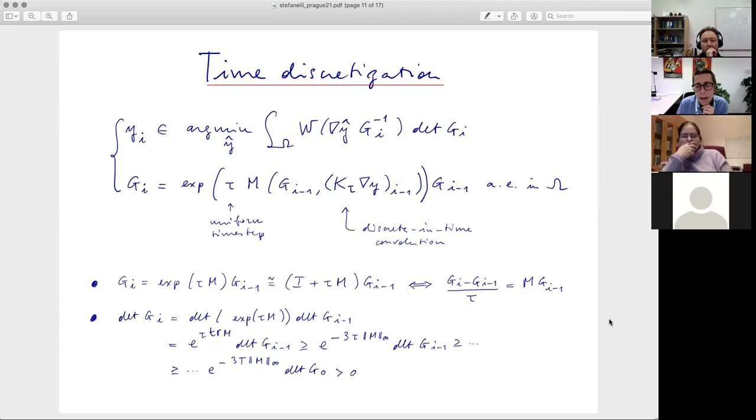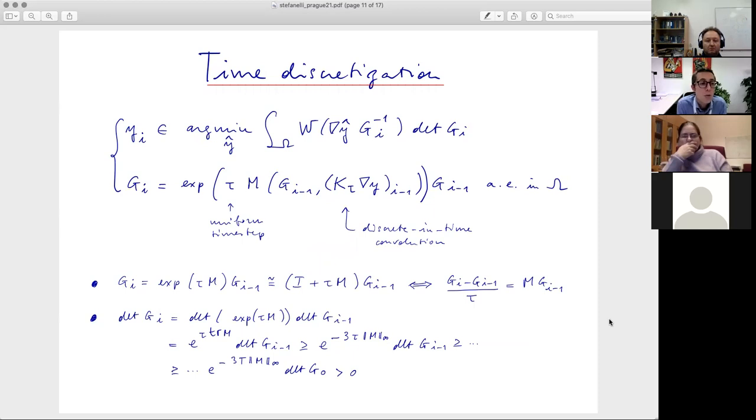Okay, so let me show how we can show that this problem has a solution. What we do is time discretize it. We chop time with possibly uniform time steps, indicated here by tau. At each time step, we look at the problem that we had before, and we try to get the new values of the deformation y and of the growth tensor g.